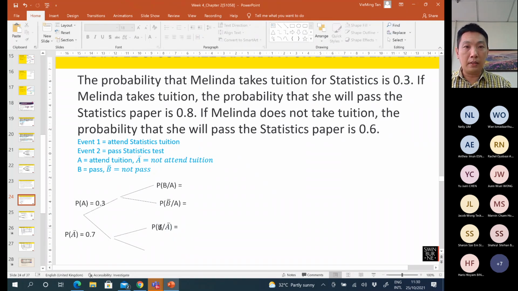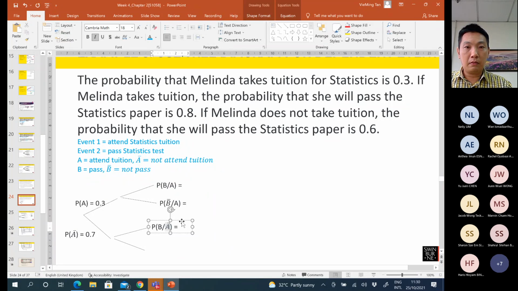Okay, last one is this, that means it's the probability of not passing, given that Melinda does not attend tuition at all. So I can use this one.